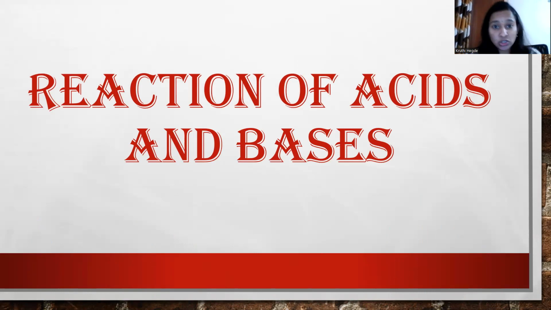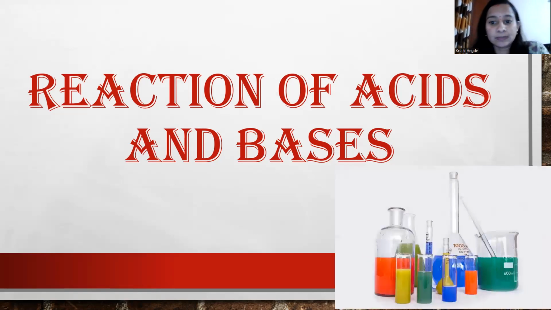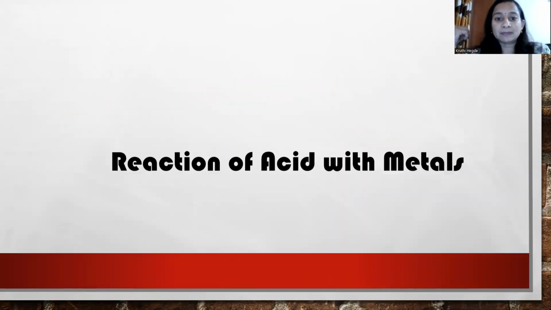Maybe with metals, or with metal carbonates, or among themselves, that is acid with base, or with metal hydrogen carbonates, or even with the metal oxides. How do they react? That we need to discuss. Acid with metal oxides or non-metallic oxides, that we need to discuss.